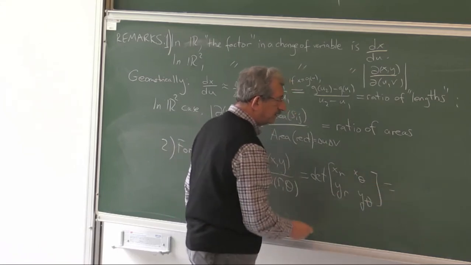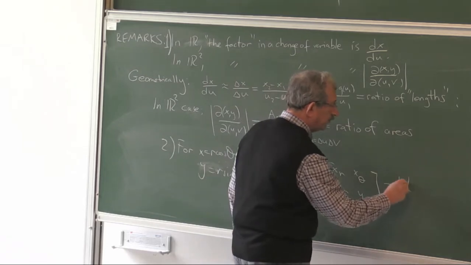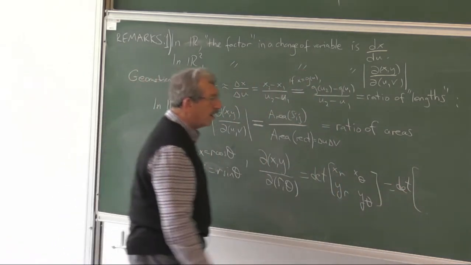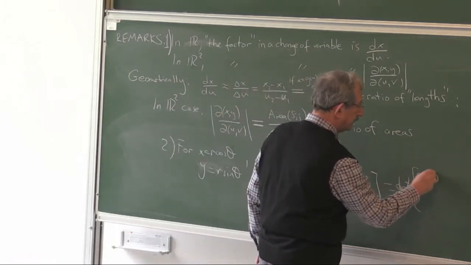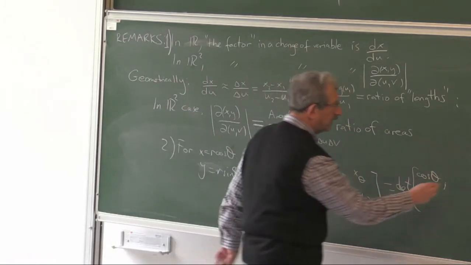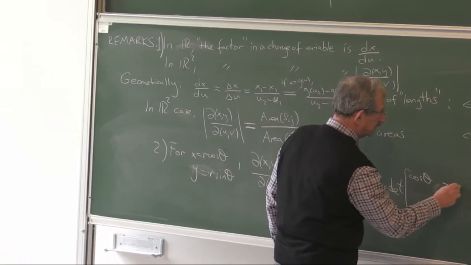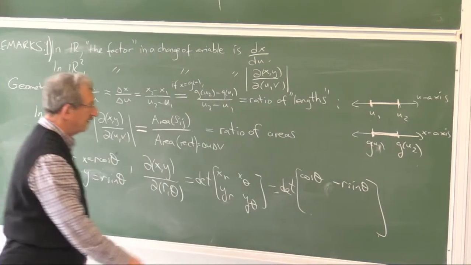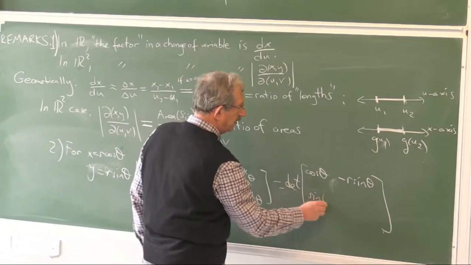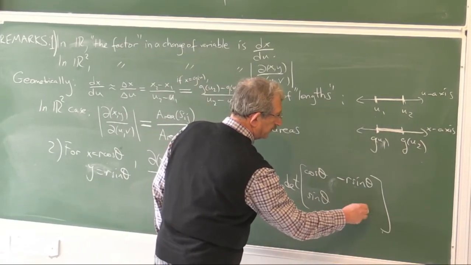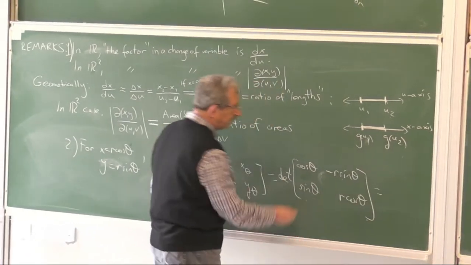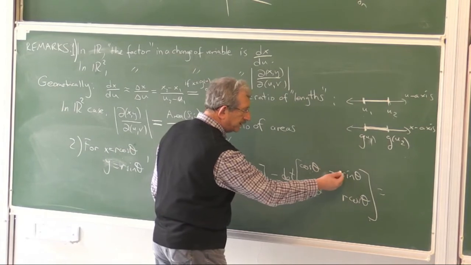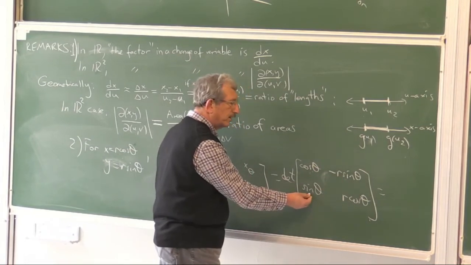And this determinant would be the determinant of, well, derivative of x with respect to r would be cosine theta, with respect to theta would be minus r sine theta. And y, that is r sine theta, this would be sine theta, and this would be r cosine theta, which is, of course, r cosine square minus minus r sine square, so it's just r.